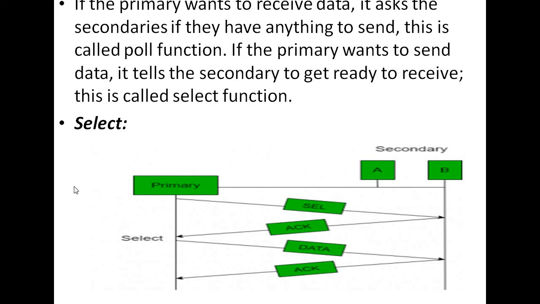In the select function, the primary system first selects a device present at the secondary site and asks that I have something to send to you, are you free or ready to receive my message?